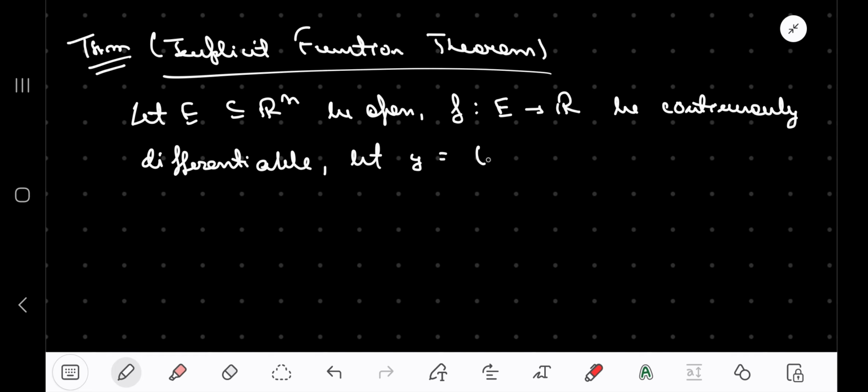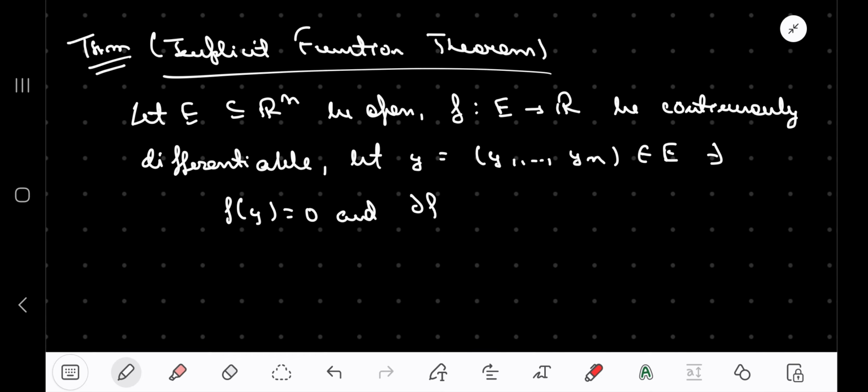Let y = (y1, ..., yn) be a point in E such that f at y is 0 and the partial derivative with respect to the nth coordinate at y is non-zero.